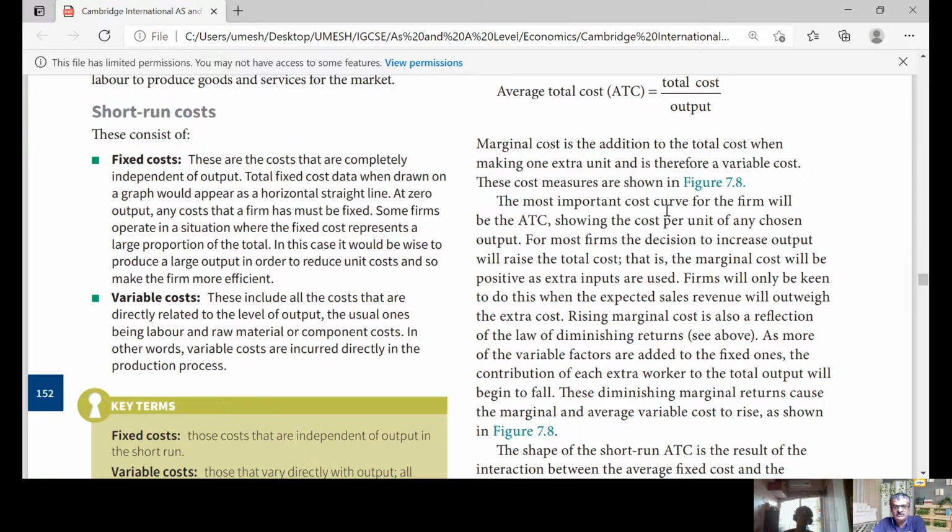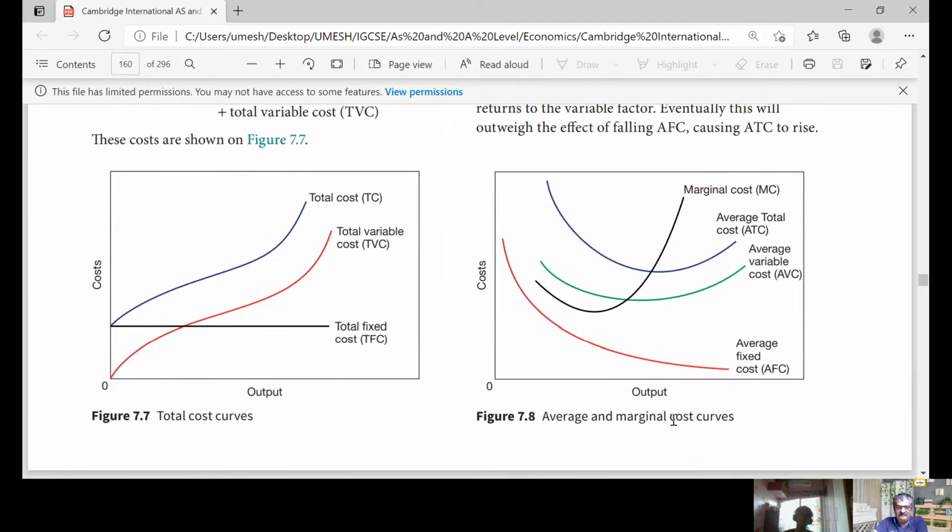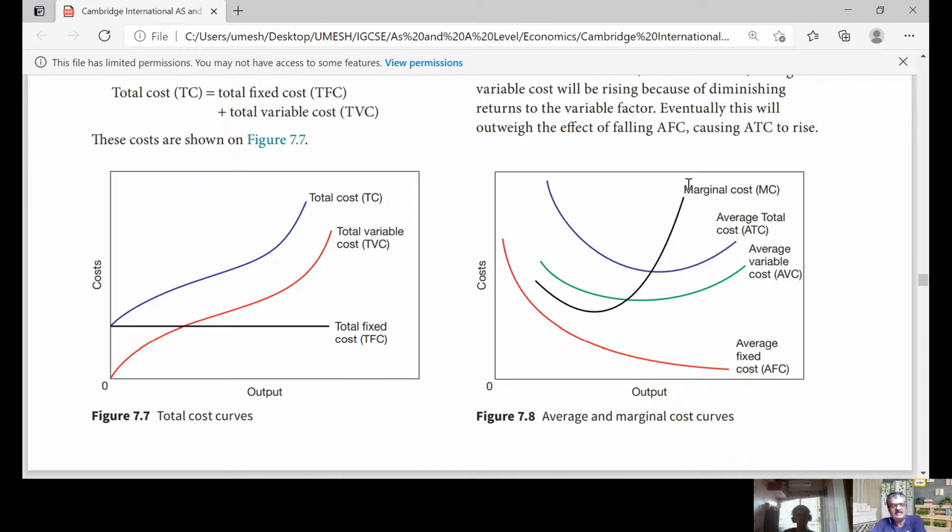These cost measures are shown in 7.8. Now, if you focus on this 7.8, this is the average fixed cost, then average variable cost, average total cost, this is blue line, and black line is marginal cost. We have seen this while studying allocative efficiency and productive efficiency.